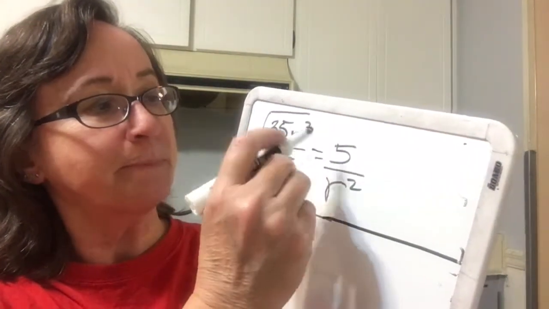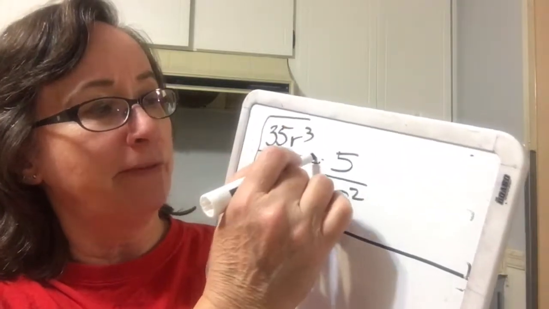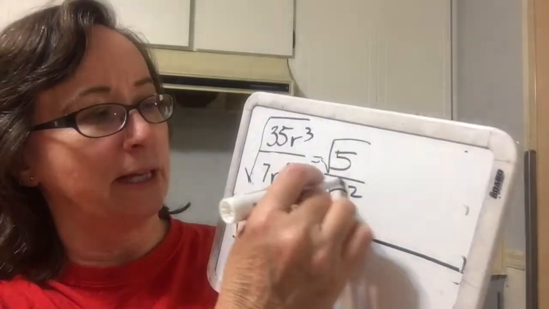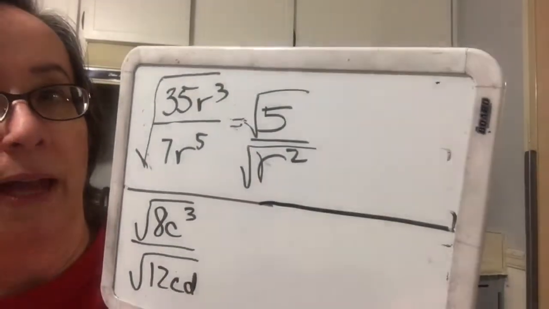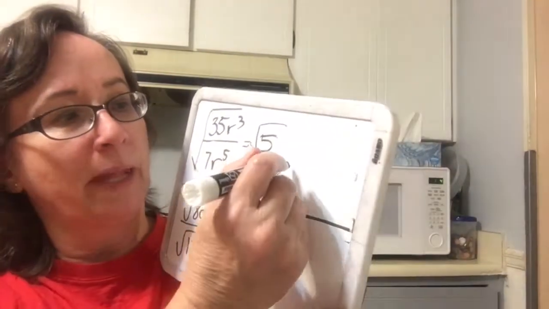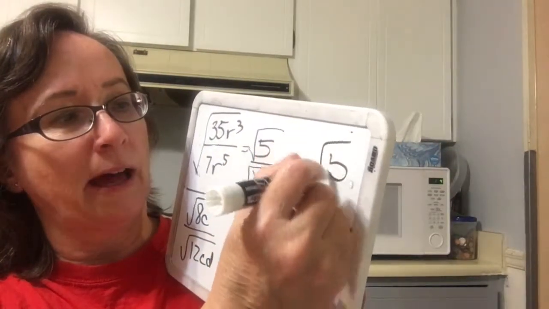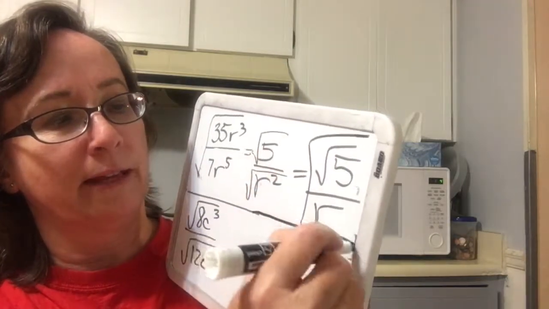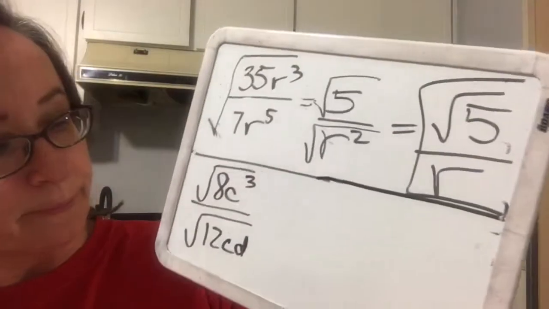And then, because my benefit of having them together is now finished, I'm going to put them in 2 separate radicals. So now the square root of r squared is just r, and my answer is square root of 5 over r, and nothing else has to be done to that one.